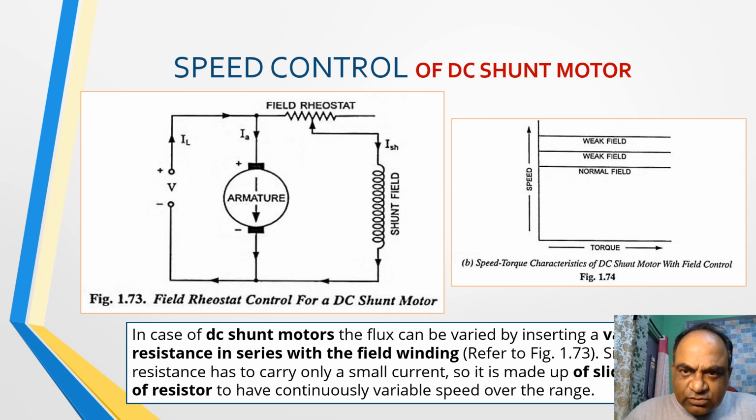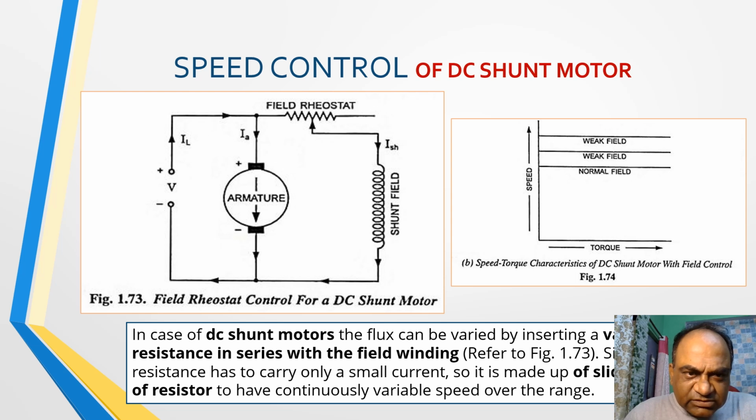Here, the speed control of the DC shunt motor continues, but here rheostatic control of the DC shunt motor has been shown. So basically the current passing through this shunt field is affected with the help of this field rheostat.